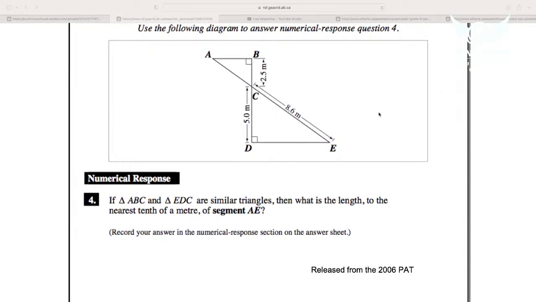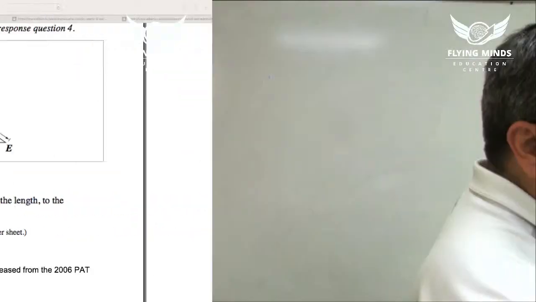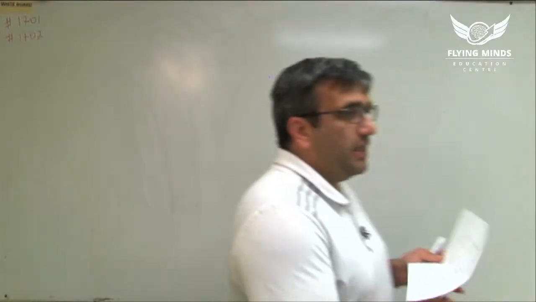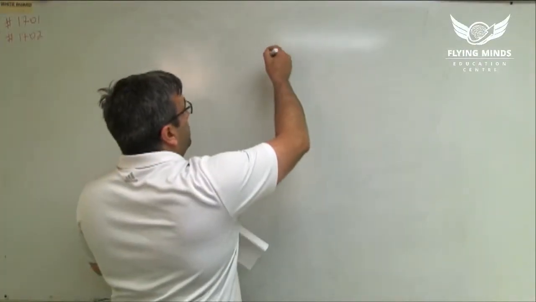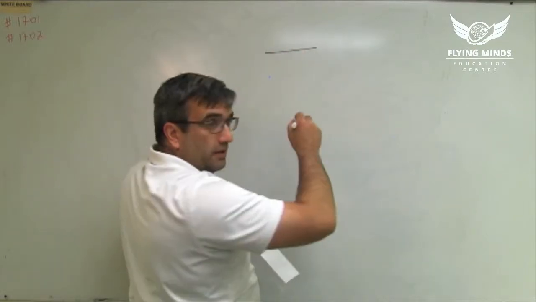Okay, if triangle ABC and triangle ADC are similar triangles, then what is the length to the nearest tenth of a meter of segment AE? Okay, so let's draw this on the board.